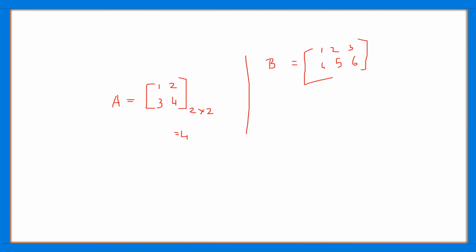The order is 2 cross 3, since there are 2 rows and 3 columns. 1, 2, 3 is a row, 4, 5, 6 is a row, and 1, 4, 2, 5, 3, 6 are all elements present in the columns. Okay, number of elements present in the matrix B is nothing but 6. Okay, I hope it is clear till now.